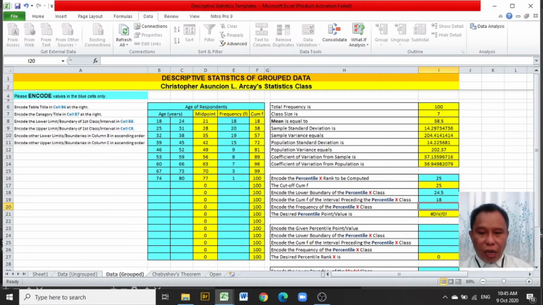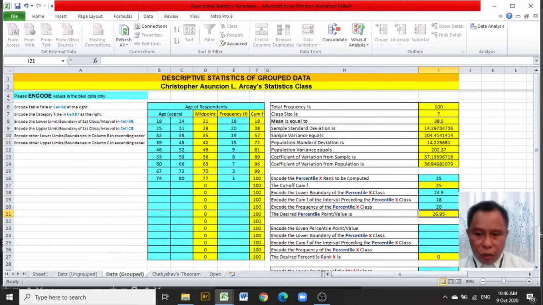After encoding 18, we are asked to encode the frequency of the percentile 25 class. Since the class is 25 to 31, its frequency is 20, so encode 20.